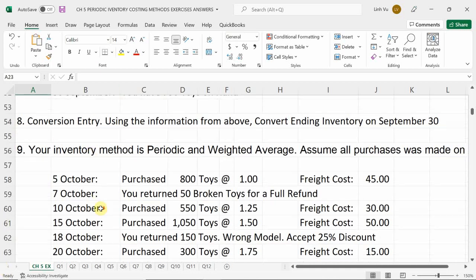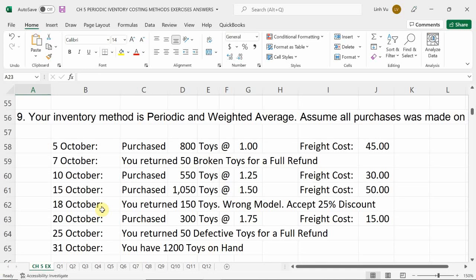On October 5th, we end up purchasing 800 toys at $1 each with a freight of 45.